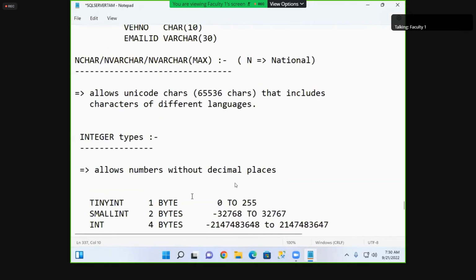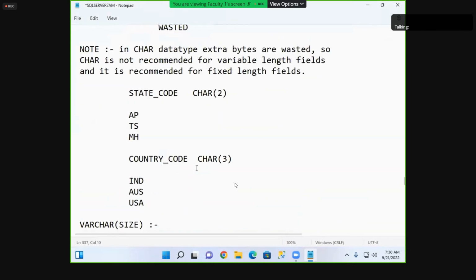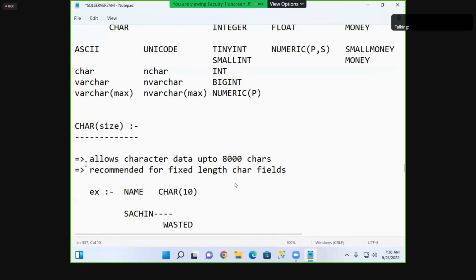Now, we started data types in the last class. You know about char, varchar, varchar max. Char is recommended for fixed length, and varchar is recommended for variable length.